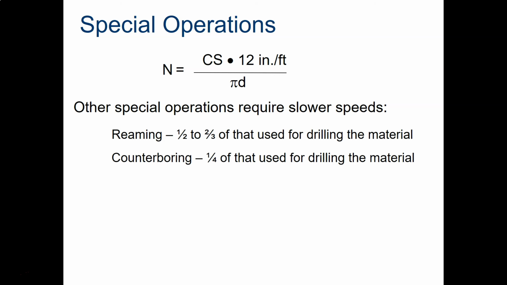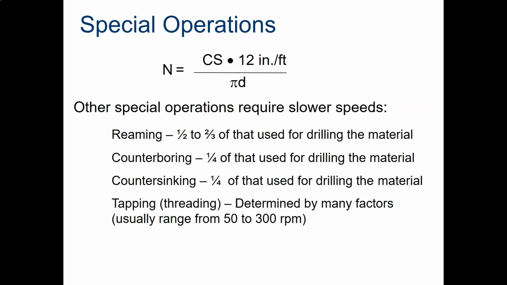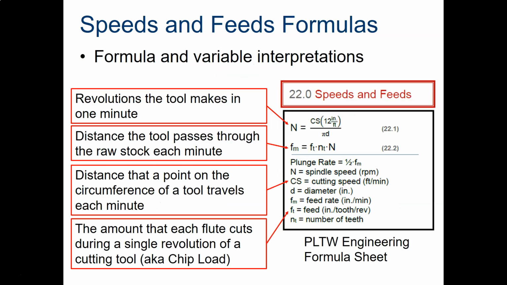Counterboring, 1/4 of that used for drilling the material, and countersinking is also a quarter of that used for drilling the material. In tapping, which is threading a hole, there is no real special formula. It's determined by many factors and usually ranges from between 50 to 300 RPMs. And finally, do remember, all of this can be found on your formula sheet.